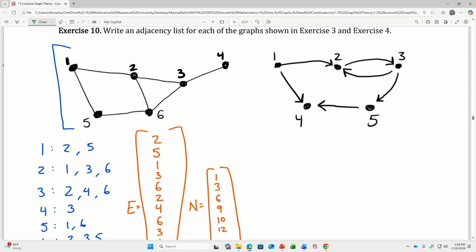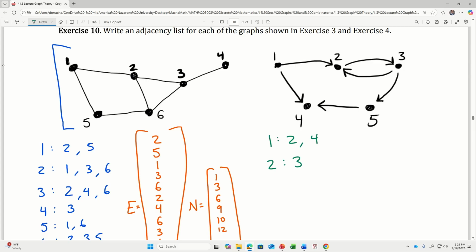So like for the number 1 node, that's a pre-image for 2 and 4 in this graph. For the number 2 node, it's only a pre-image for 3. I'm not going to put 1 and 3 down for my directed graph because I'm only concerned with the node that the edge originates from.